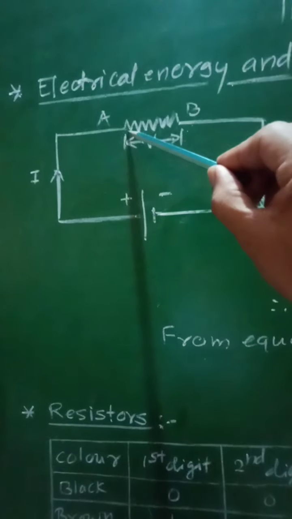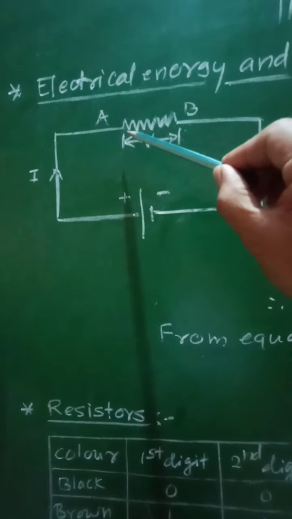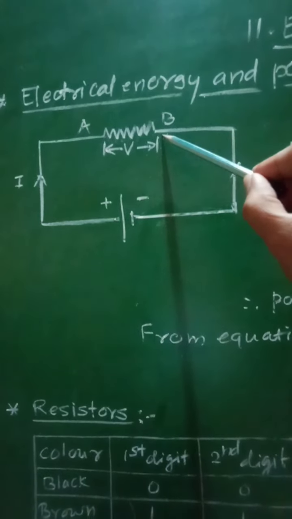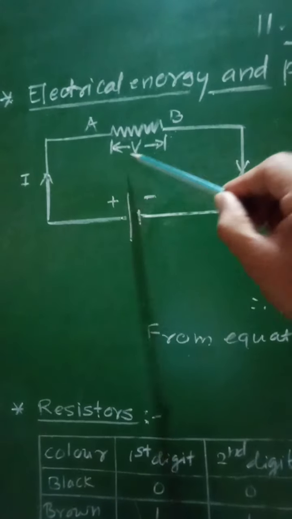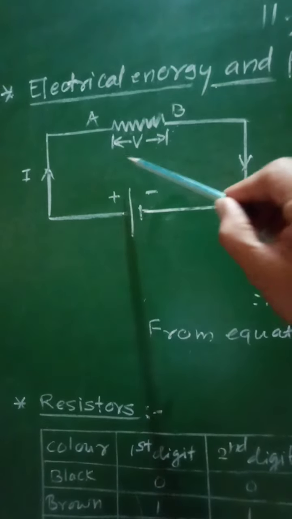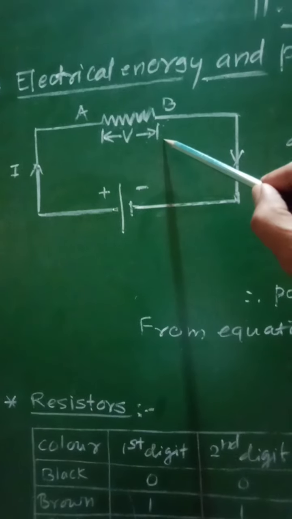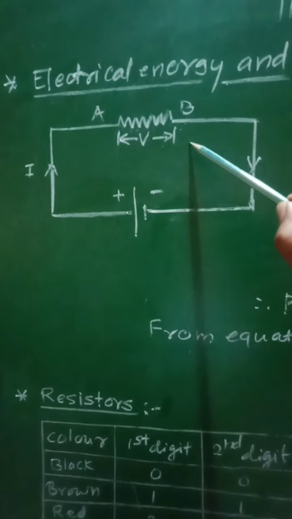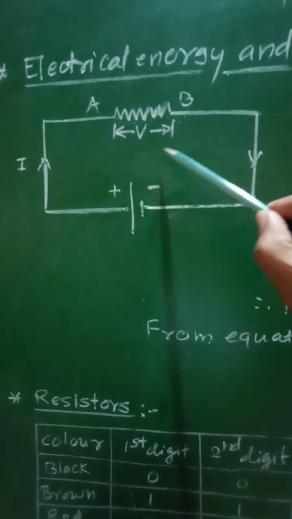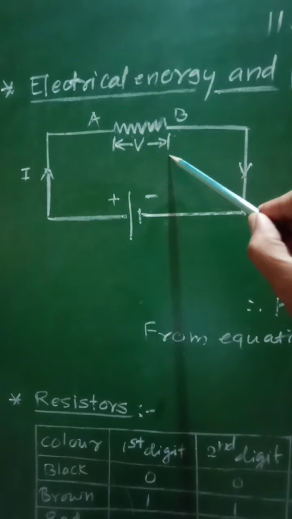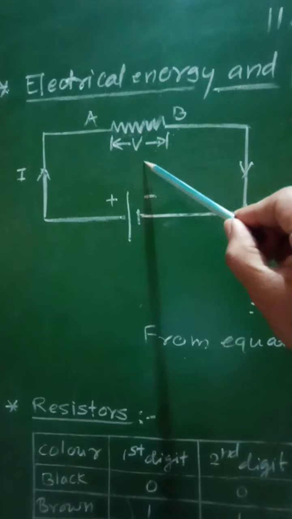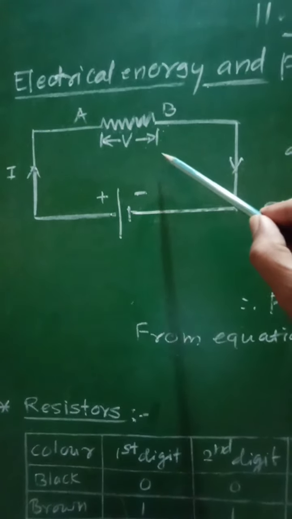Therefore, point A will be considered as the point at higher potential and B as the point of lower potential, because current always flows from a higher potential point to a lower potential point. Now, when the current is flowing through that resistance, the cell is maintaining the potential difference phi between the terminals of that resistor.